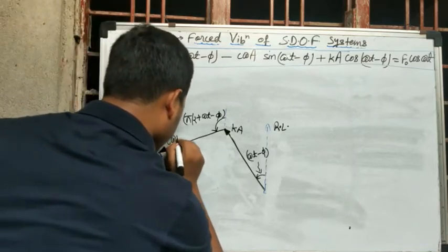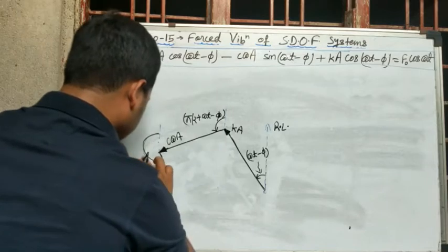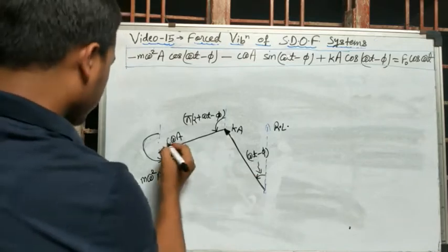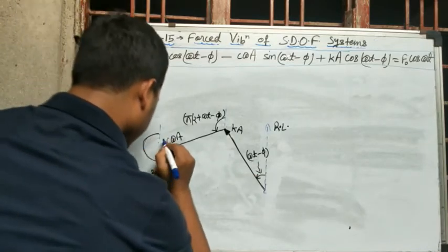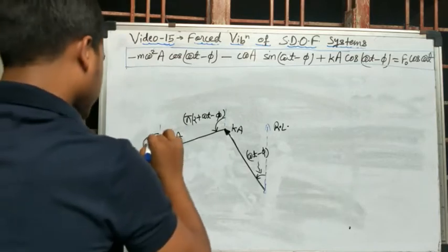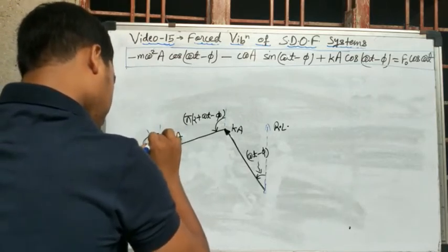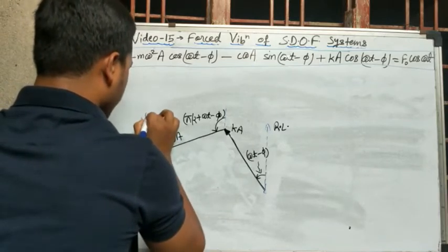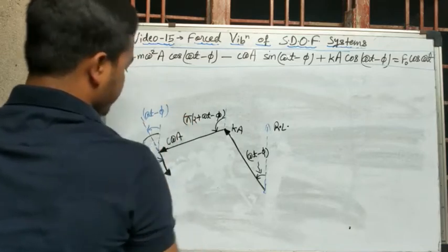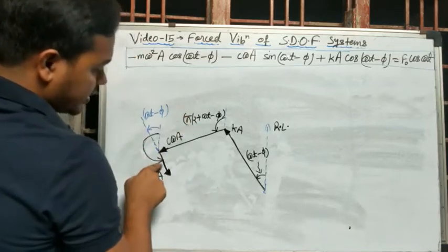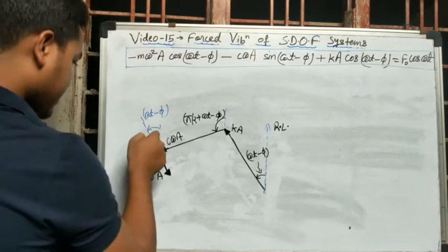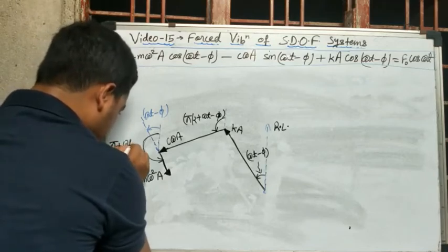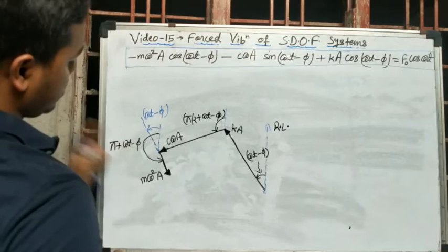See, this parallel angle is already omega t minus phi, right? Now from here till here it is 180 degrees, means pi. That means the entire angle from the reference line will be pi plus omega t minus phi. This much is the angle.